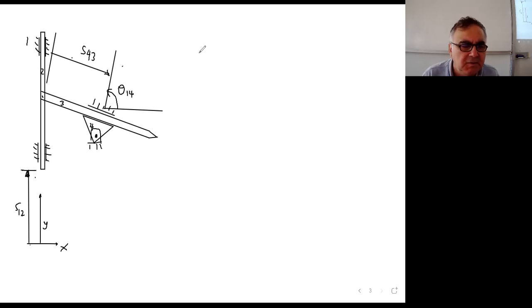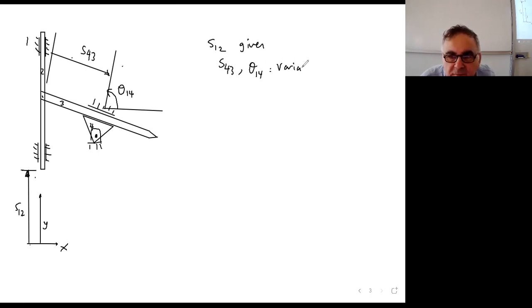So you have the S12 distance. S12 is the given quantity. And S43 and theta 14 are the variables to be found. We don't know them. It depends on the position of S12.